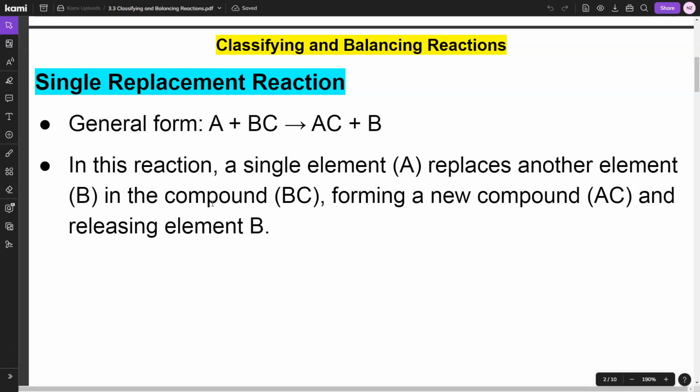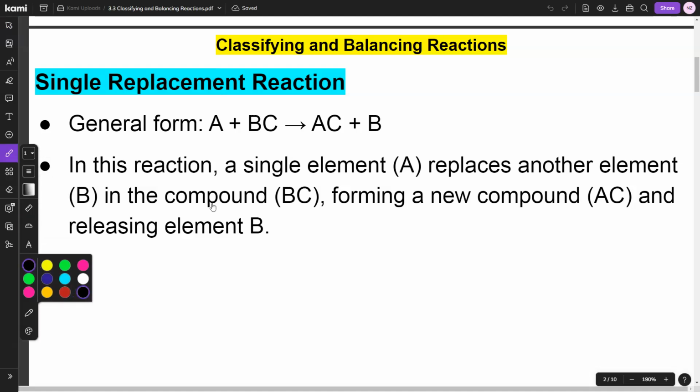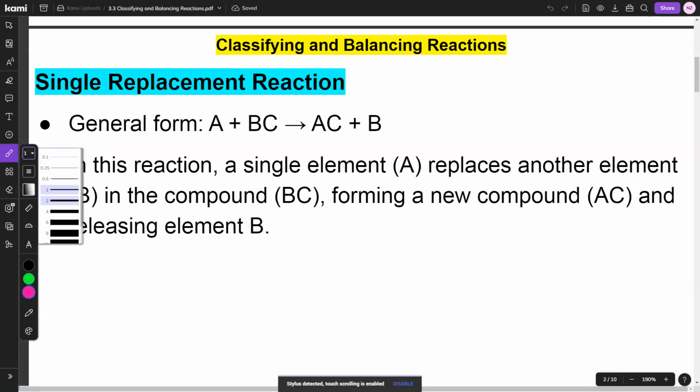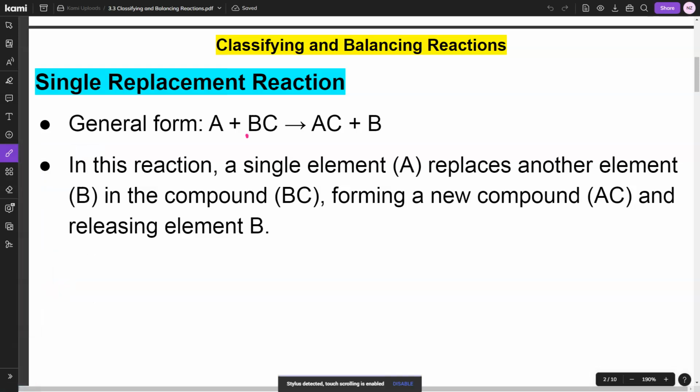The first type that we're going to look at is called a single replacement reaction. In a single replacement reaction, we have a compound, which is made up of a cation and an anion, and then we have another piece that wants to come in and swap out. That piece can be either a cation or an anion.